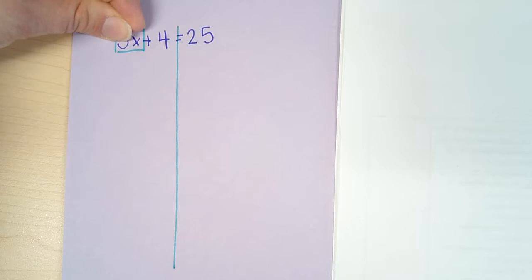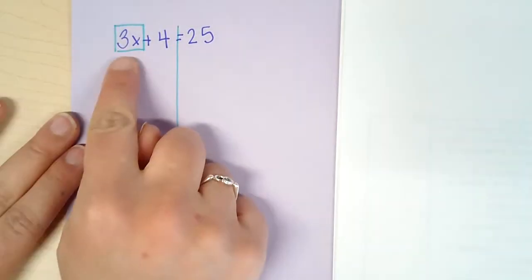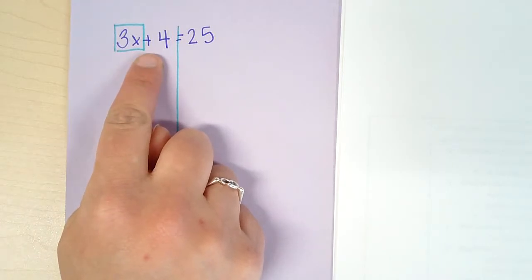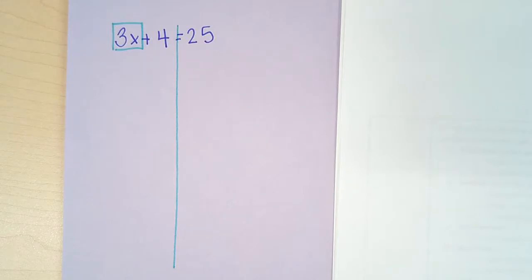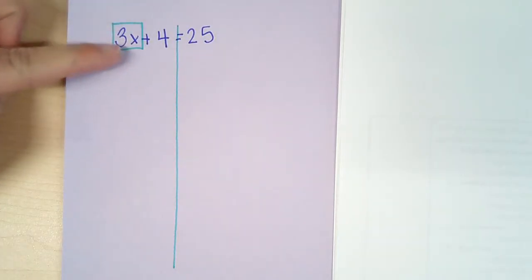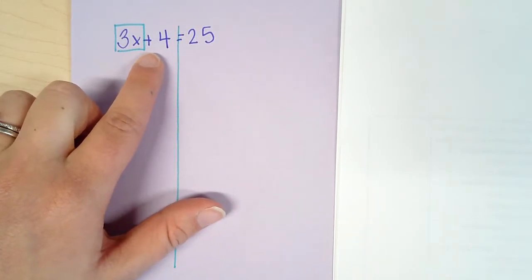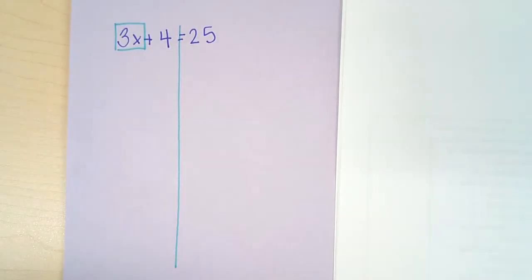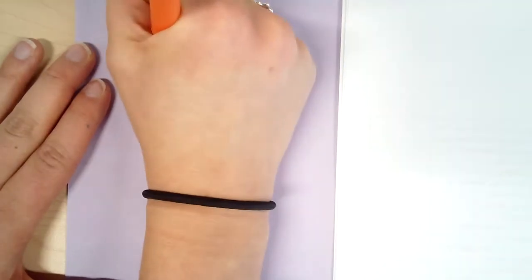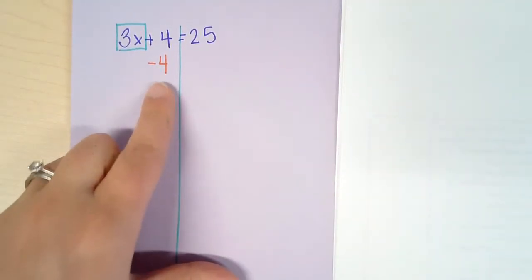Now I keep these in a box and I ignore them for a moment. And I just see what's left on this side. Well, on this side, I have left a plus 4. So now I need to get this whole term by itself. How do I inverse plus 4? Well, the inverse of addition is subtraction. So I would subtract 4.